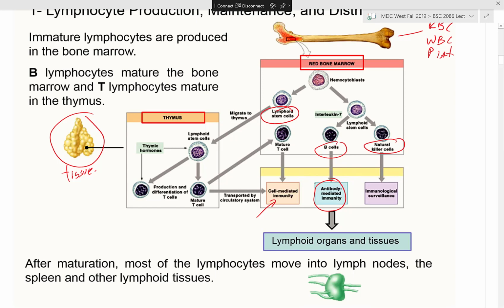Because you need to create an antibody, right? So what antibody will you create out of the B cell? That's the antibody that you're creating, hence the name antibody-mediated immunity.